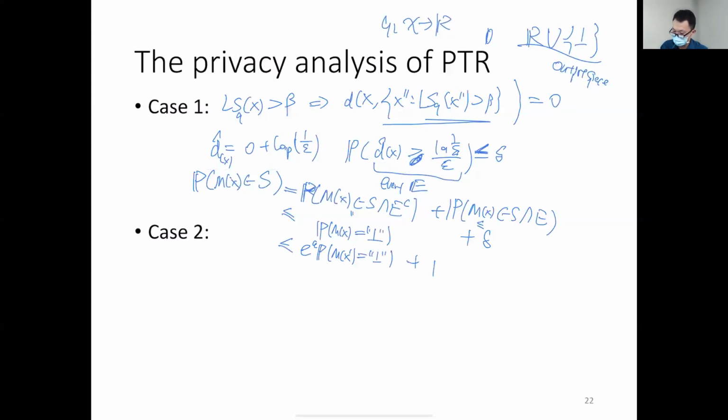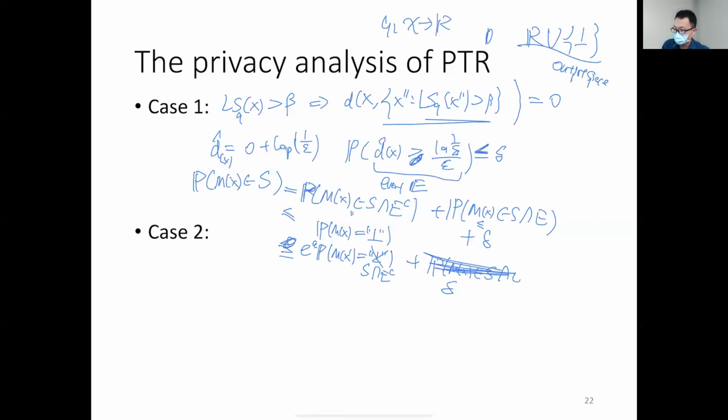Plus delta. Now let's add this S back, and we can replace this with S intersect with E complement. We can, because this set of S intersect with E complement is the same as just this perp, so I can simply replace this set without changing anything.